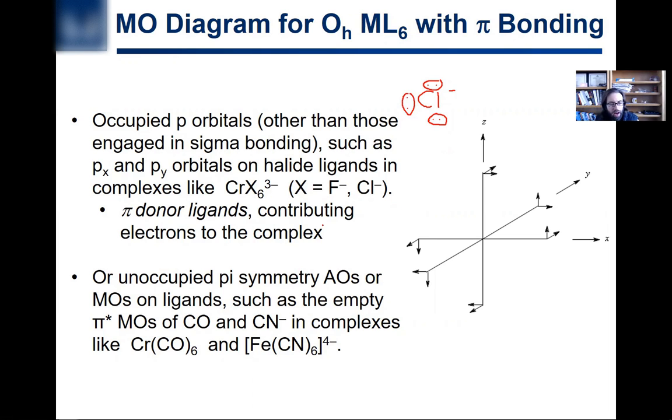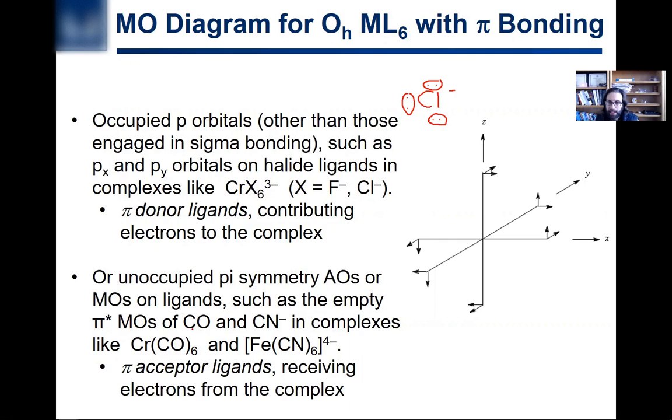Alternatively, you can have unoccupied pi orbitals, on the atomic orbitals or the molecular orbitals on ligands. These could be like pi anti-bonding molecular orbitals of carbon monoxide or cyanide. We refer back to the carbon monoxide molecular orbital diagram we went over in chapter 2. These complexes, for example, will have pi accepting ligands.